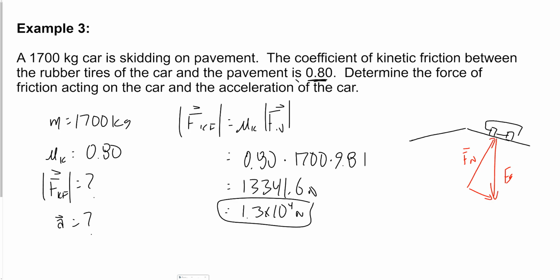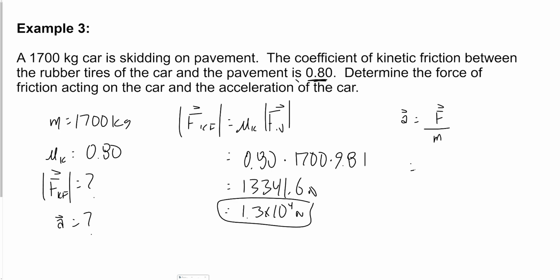Now, how do you find the acceleration? This isn't very hard, actually. The acceleration is just F over m. Now, I'm going to make the force negative 13,341.6. How come I made it negative?